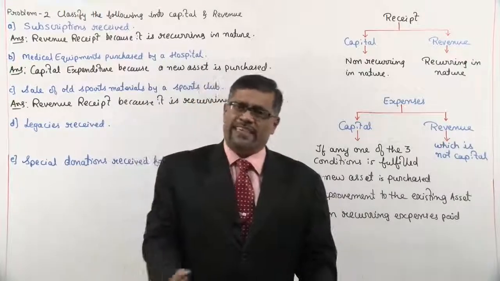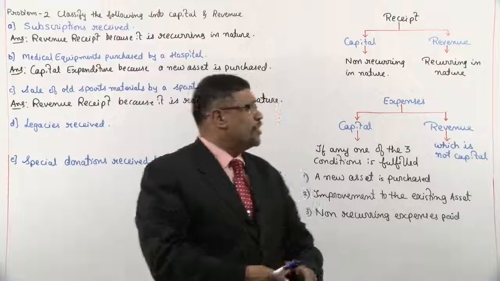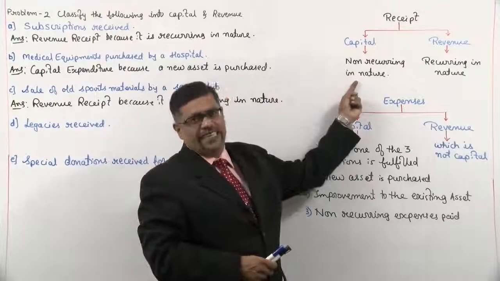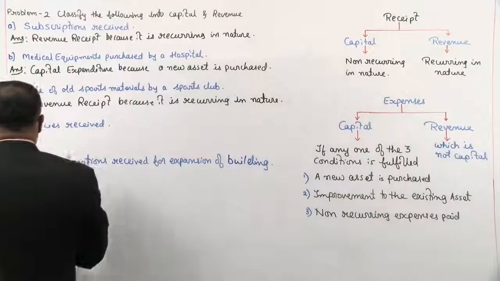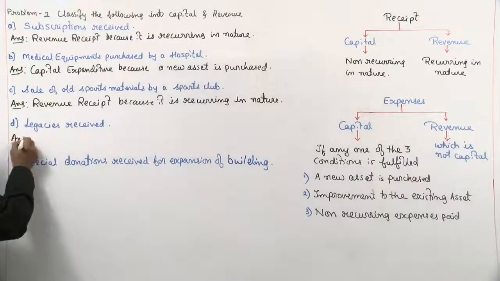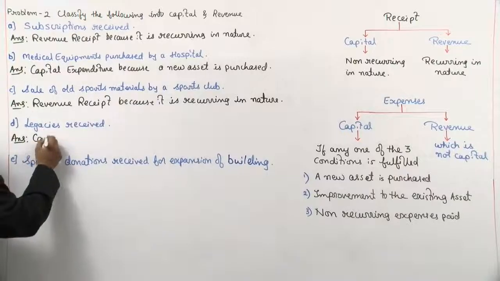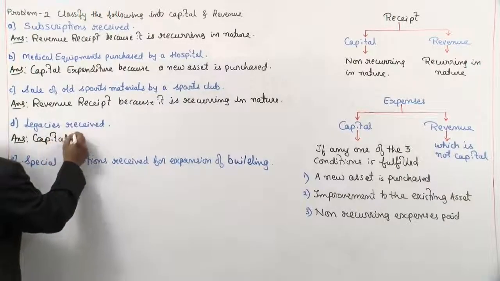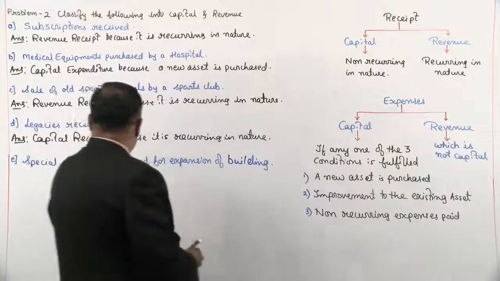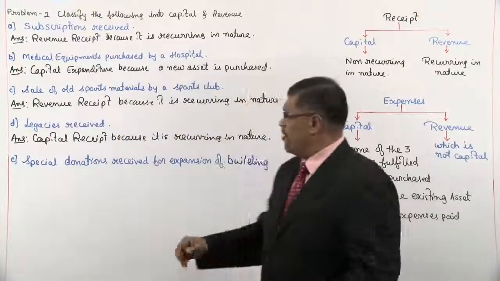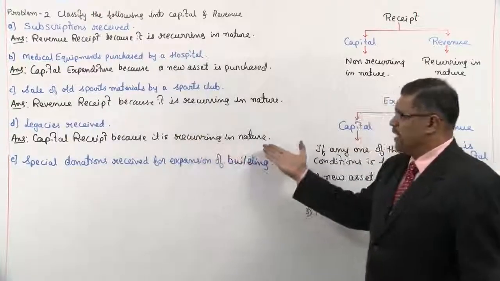His will is executed only once. So that is a non-recurring receipt, nothing but a capital receipt. Let us write down the answer. Legacy is received, capital receipt, because it is non-recurring in nature.